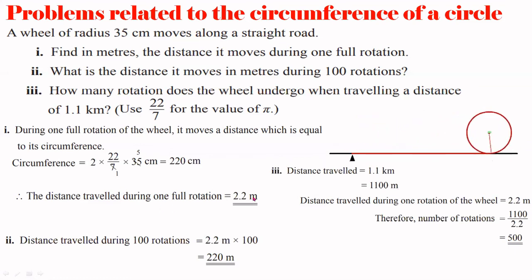One rotation means 2.2 meters. So divide 1100 by the distance of one full rotation, 2.2. How to do that calculation?